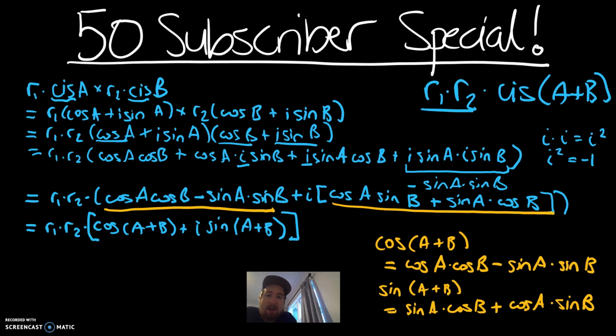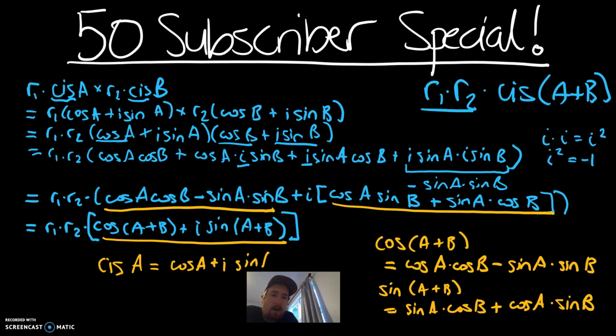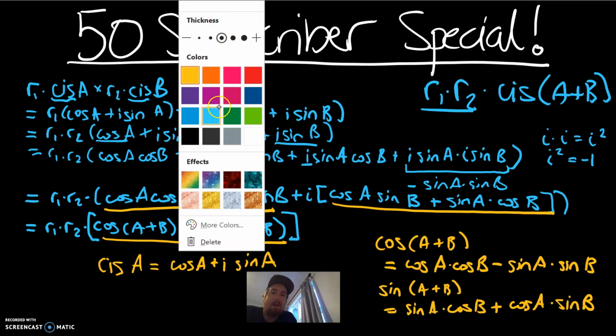And at this point here, I'm going to switch back to our orange pen. The formula that we looked at before, cis A, what that was equal to, that was equal to cos A plus i sine A. And if we have a look at that underlined part, we do have a very similar form there.